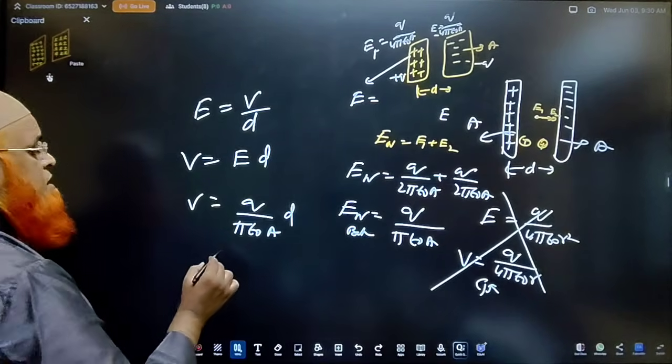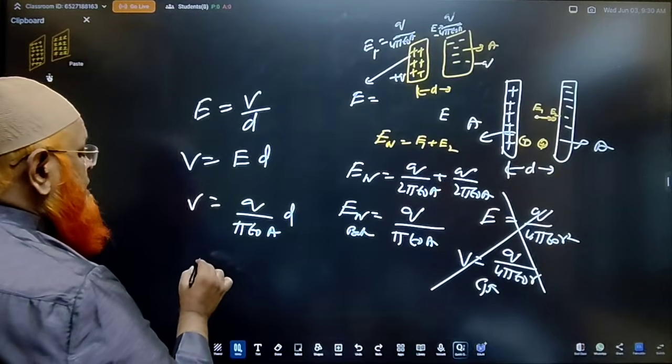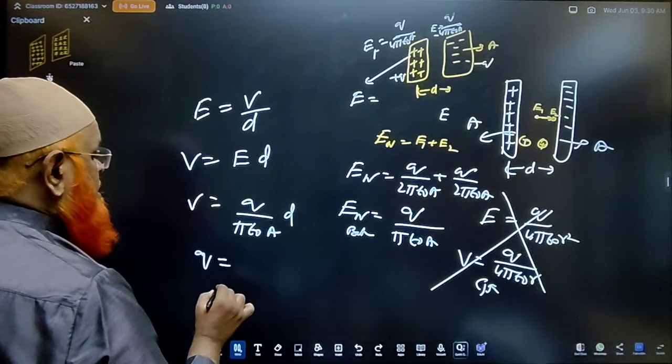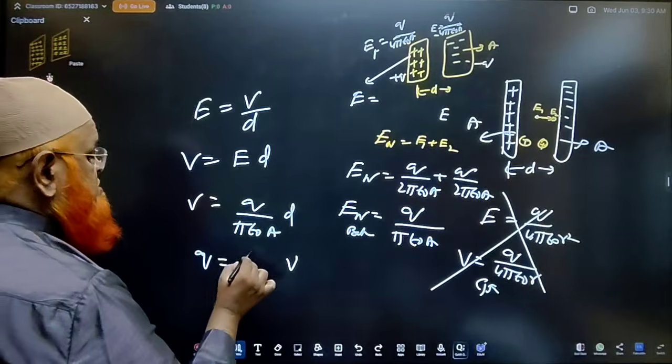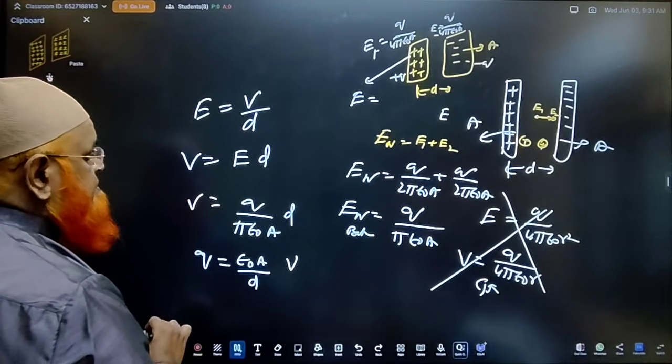Okay, so what do you get from this? Q is equal to V, you put epsilon naught A by D, it comes, right?